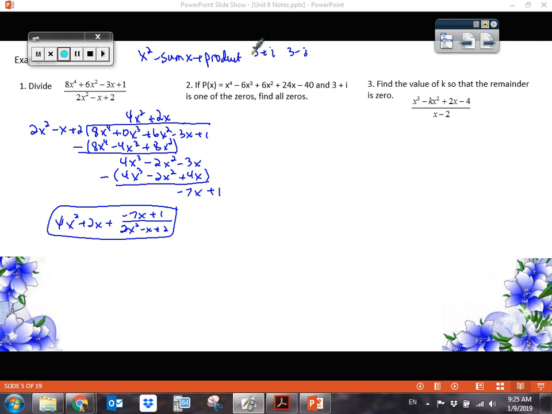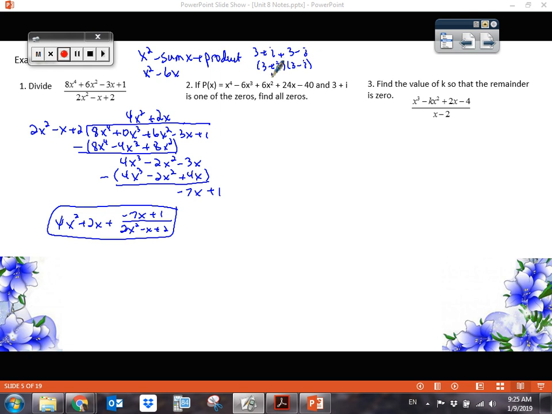I'm going to create the quadratic that these two would be factors of. So I'm going to add them together, which gives me a 6. So I have x squared minus 6x. The sum is 6. Then I'm going to do the product, 3 plus i times 3 minus i.